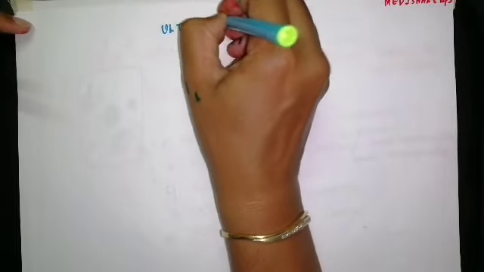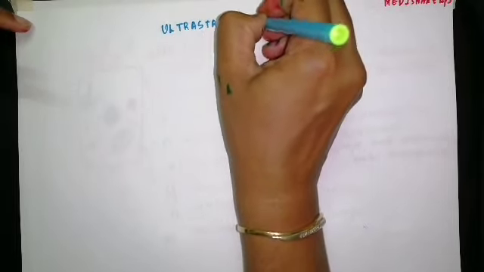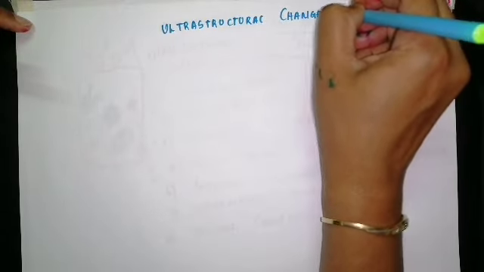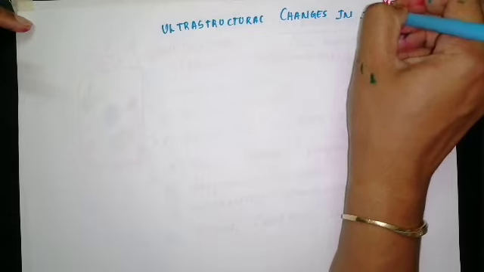Now we will discuss the ultrastructural changes in irreversible cell injury.